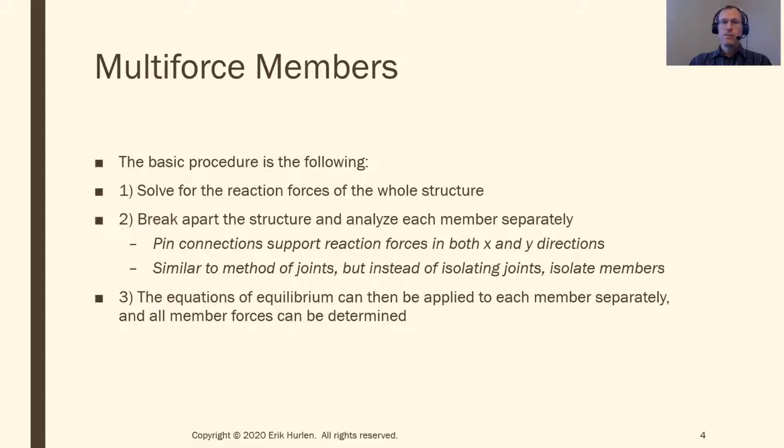by itself, knowing that each time there's a pin connection, that pin connection can support both X and Y forces. And so basically these come from the other part of the structure pulling or pushing on it.